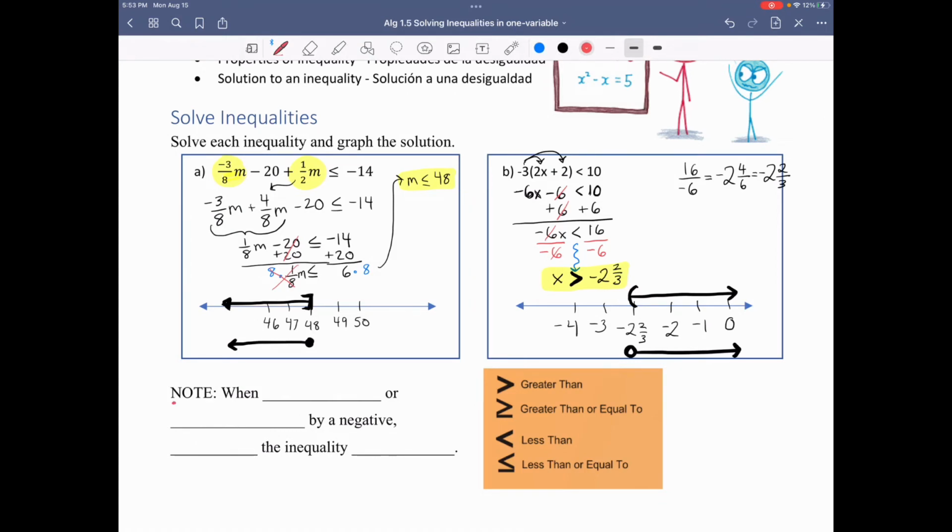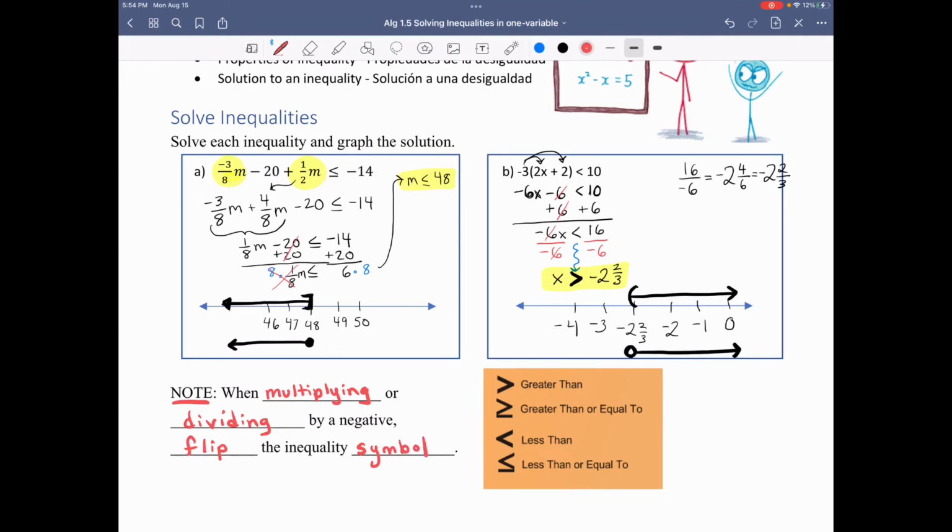So there's a little note right here. When multiplying or dividing by a negative, flip the inequality symbol.